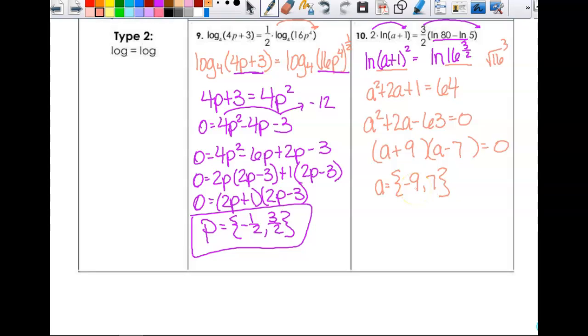Substitute it back into the original one. -9 plus 1 is a -8, so that one won't work. 7 plus 1 is 8, so that's good. And then over here, there's not a variable, so in the end, your answer is just a equals 7.